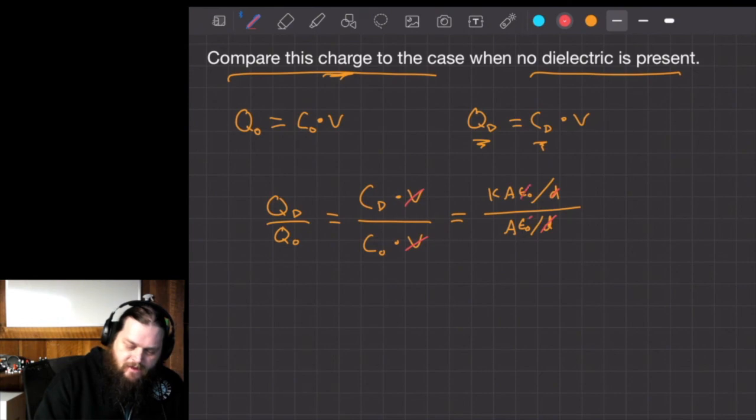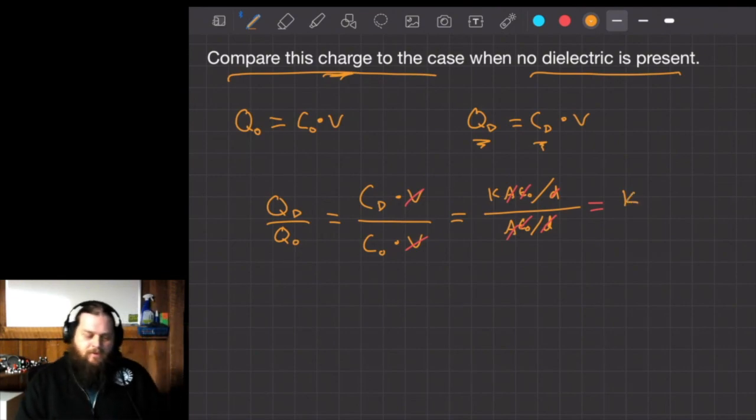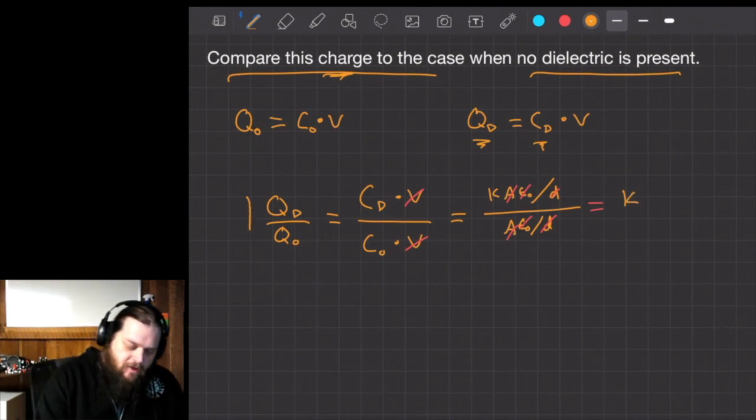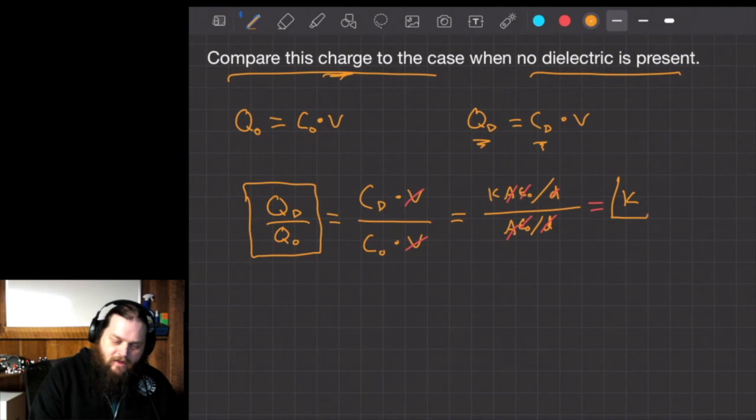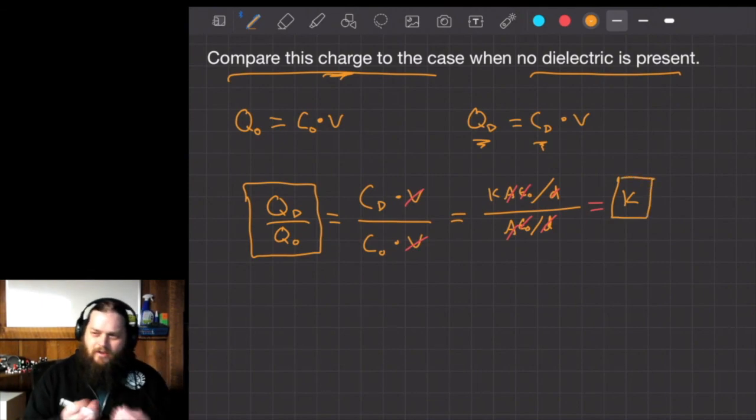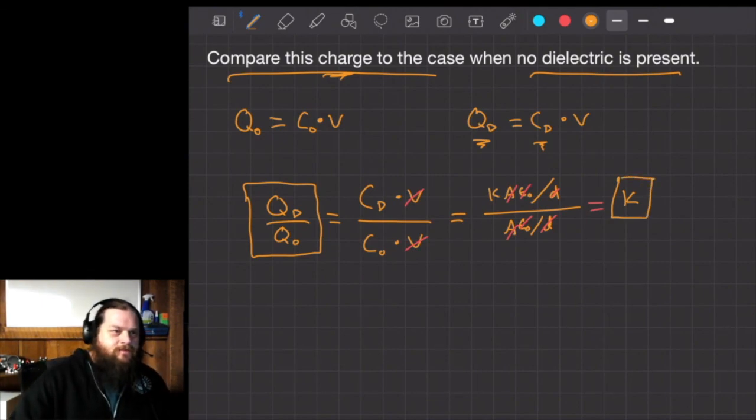The distances, the epsilon naughts, the areas, they all cancel out. The only thing that's going to remain is that kappa. So the ratio between the charge on the plate with a dielectric divided by the charge on the plate without a dielectric is just going to equal that dielectric constant. And that's kind of how they determine those dielectric constants.